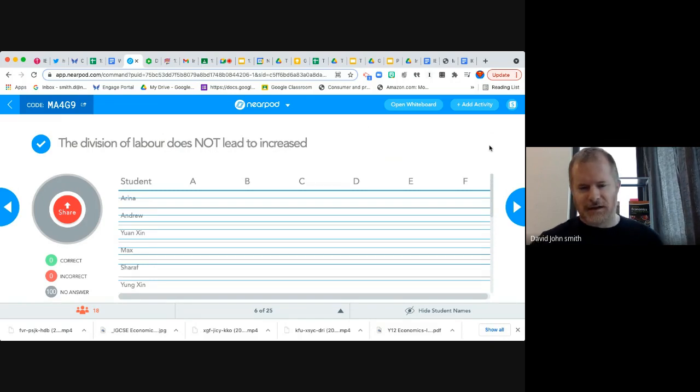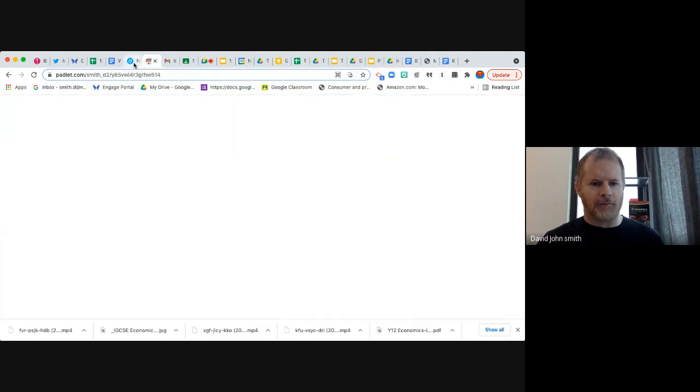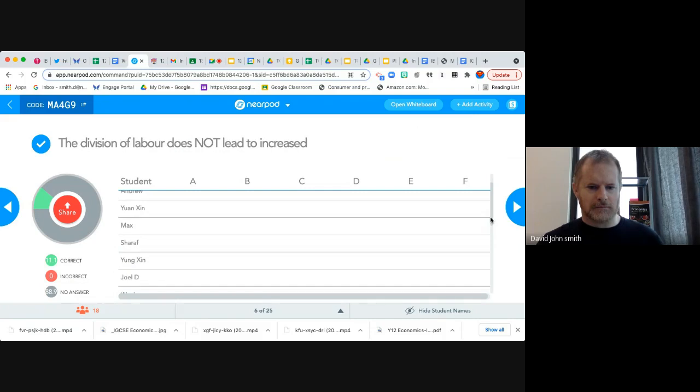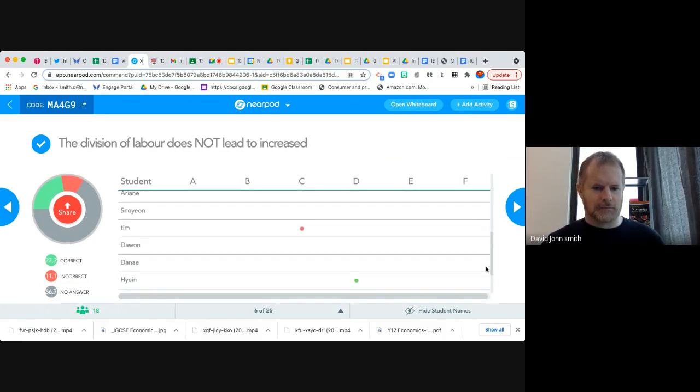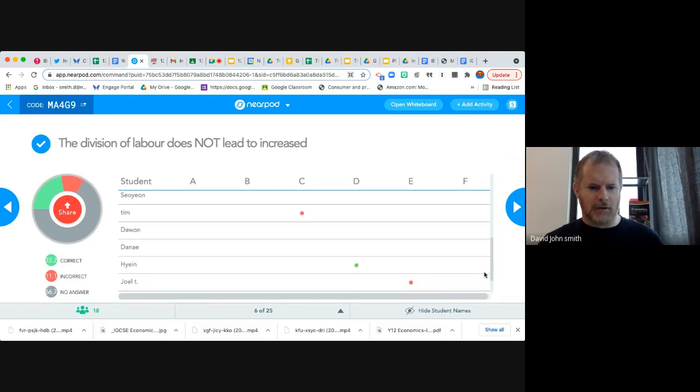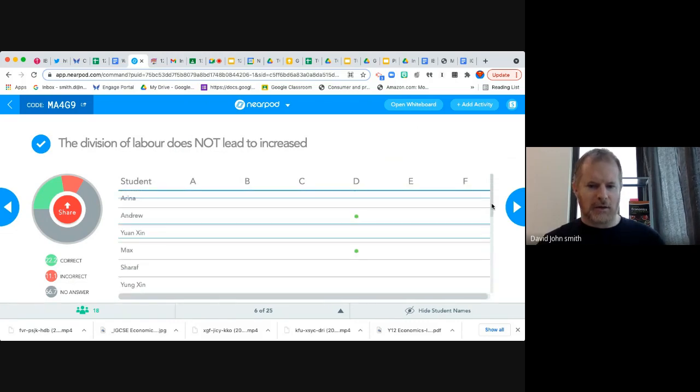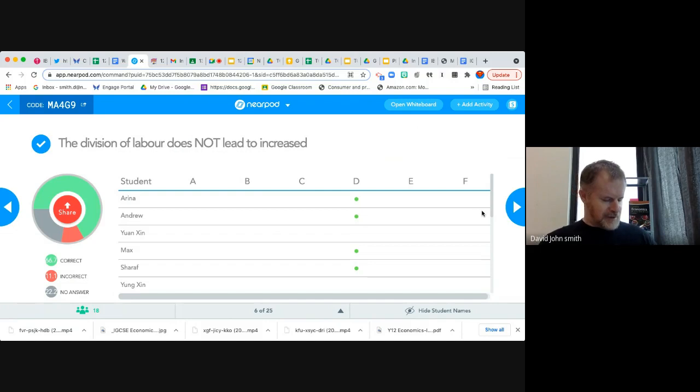All right, so have a guess. Here we go, got some answers coming in. More answers coming in. It's always trickier when it's a not question, as opposed to when it's a what is this?